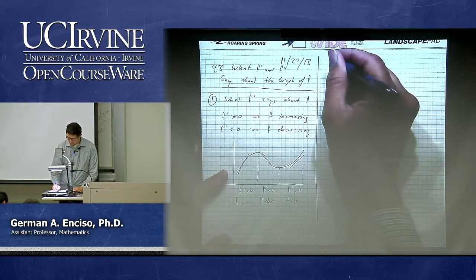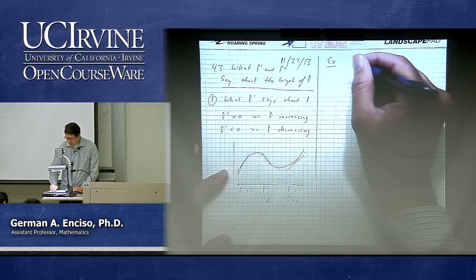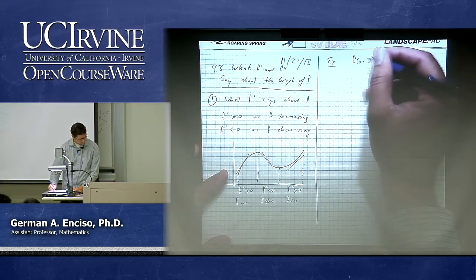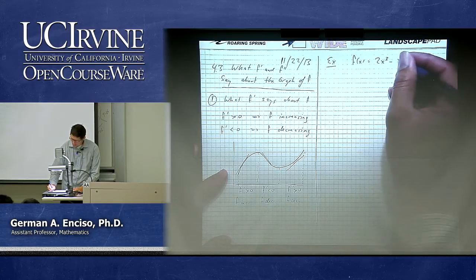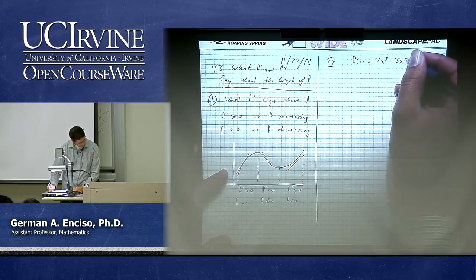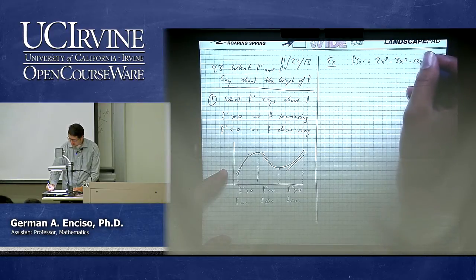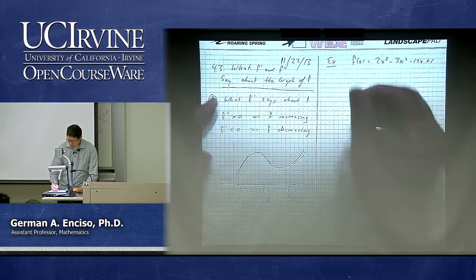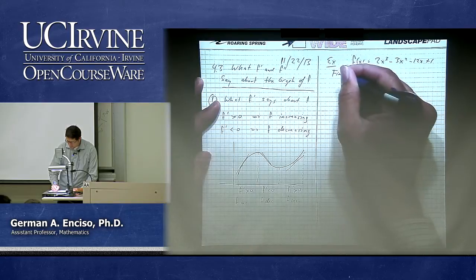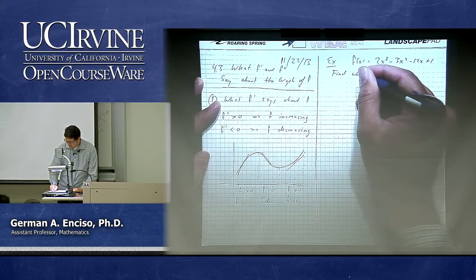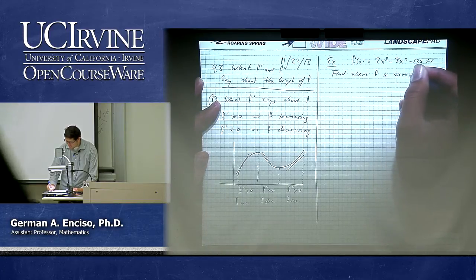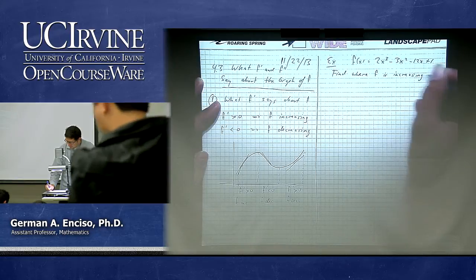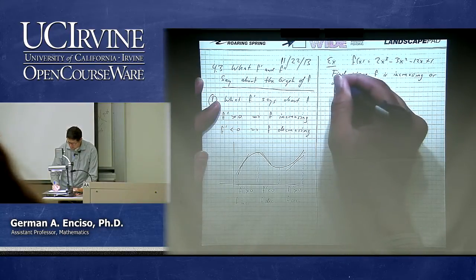Let me give you an example. f of x equals 2x to the 3 minus 3x to the 2 minus 12x plus 1. And the question is, find where f is increasing or decreasing?